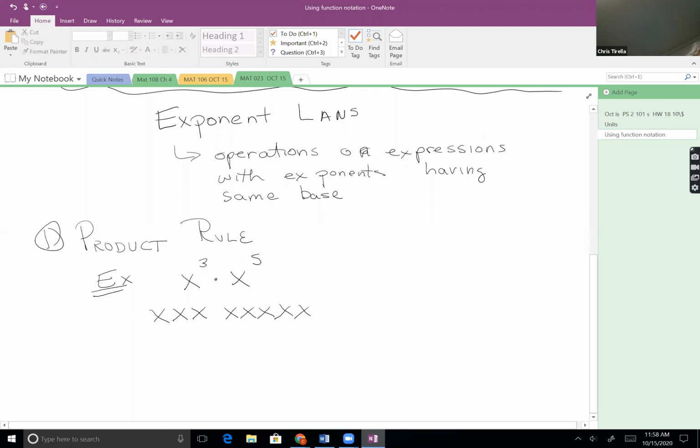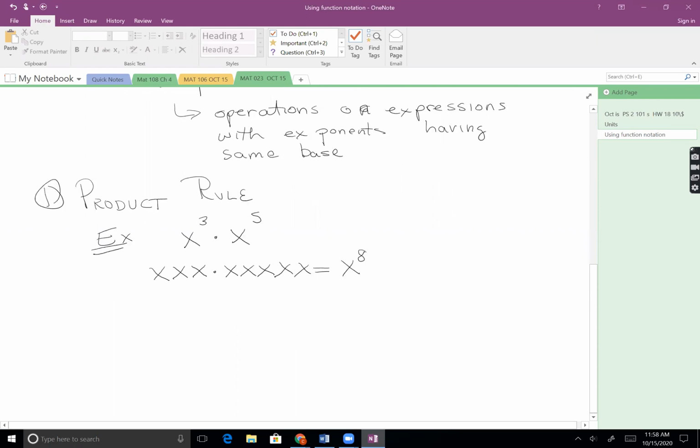When I multiply them all together, how many x's am I multiplying? 1, 2, 3, 4, 5, 6, 7, 8. And without drawing these out, can anybody see a way I could have gotten that result of 8 from the given expression? Yeah, just add the exponents.